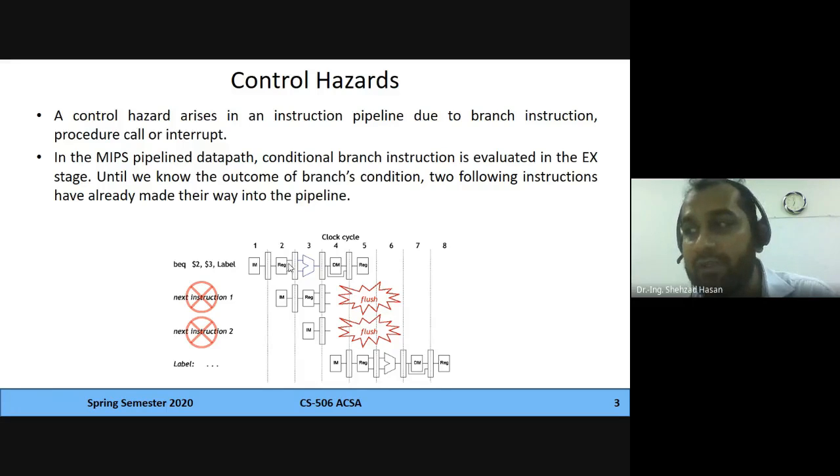If it's a taken branch, it's going to jump to the right instruction from the start of the third cycle, instead of starting from the fourth cycle. This means that instead of a 2 cycle delay, we have now reduced that to a 1 cycle stall, right?